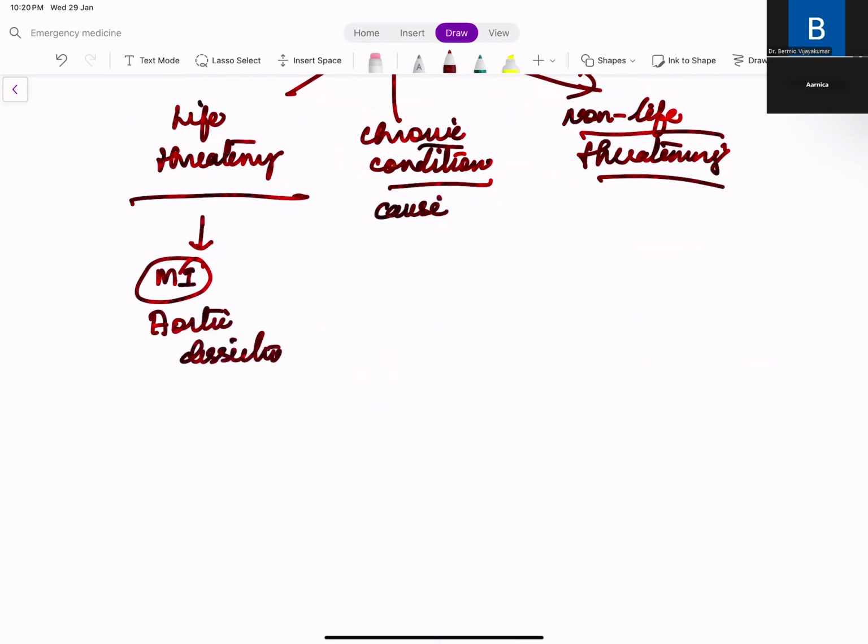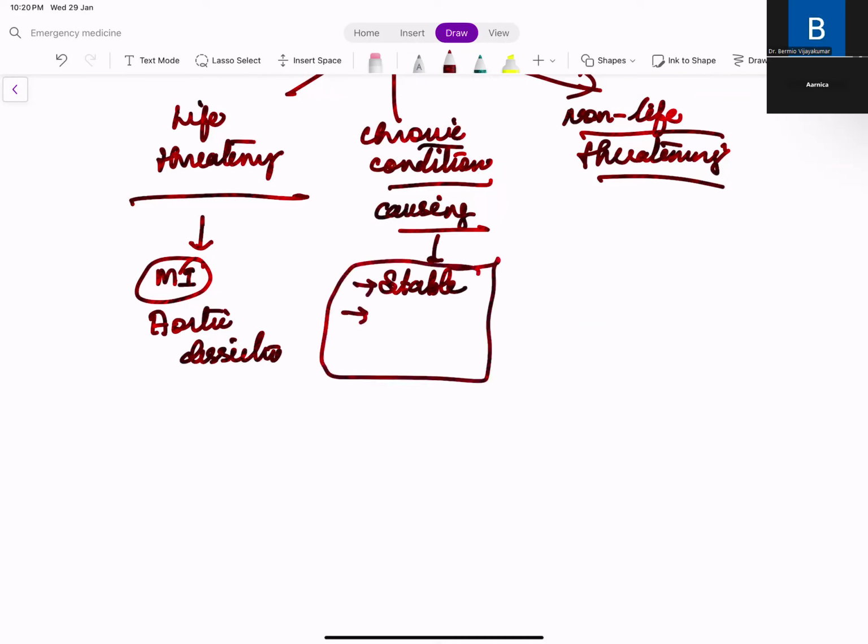A chronic condition which is causing a life-threatening complication will be something called stable angina. It is not an acute condition, but the patient comes to the OP with a symptom which is a part of the chronic condition, but it may be life-threatening in future. So this also should be considered.